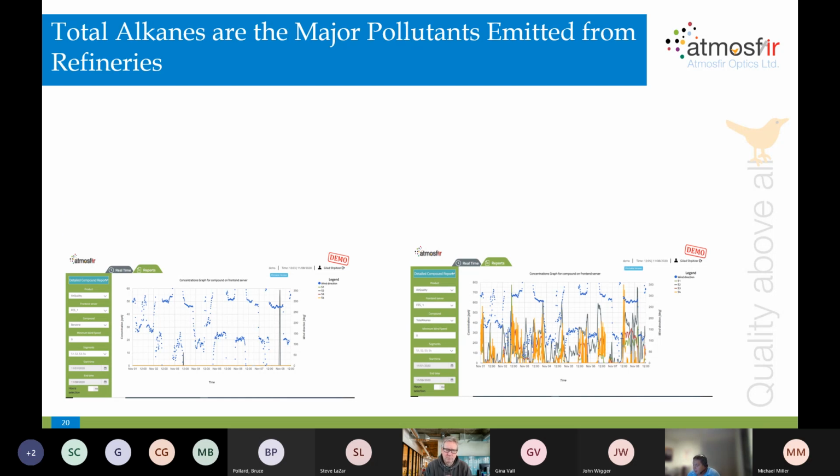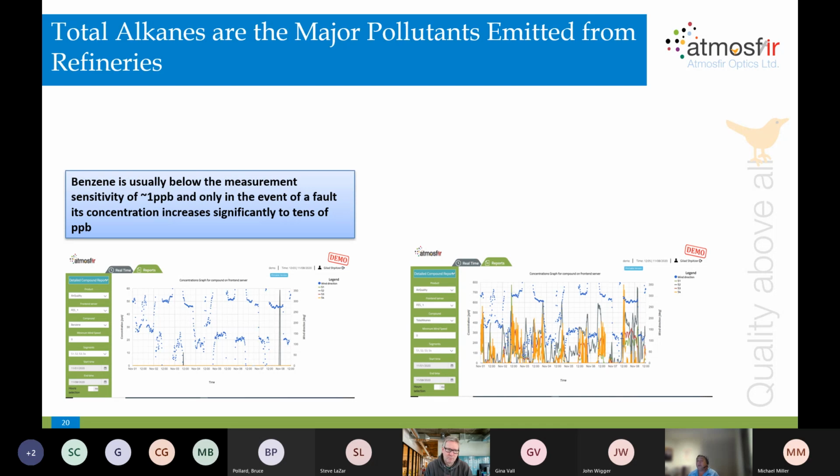And what we see on the picture on the left, that benzene, at least in California, is usually below the measurement sensitivity. Rarely you find any hits of benzene above 1 ppb. And when there is a vent, there is emission, usually the concentration goes in tenths of ppb, like if you forgot to close a valve or you got a leaking tank.